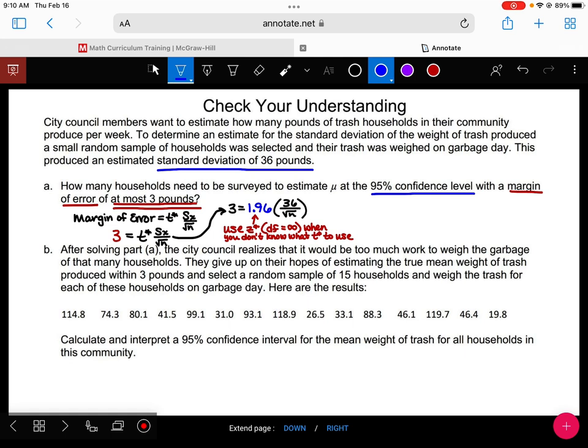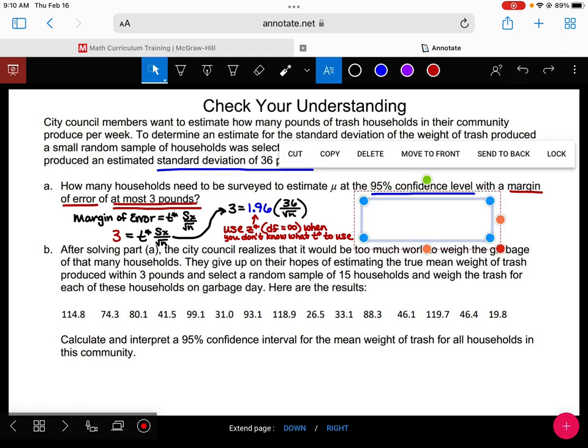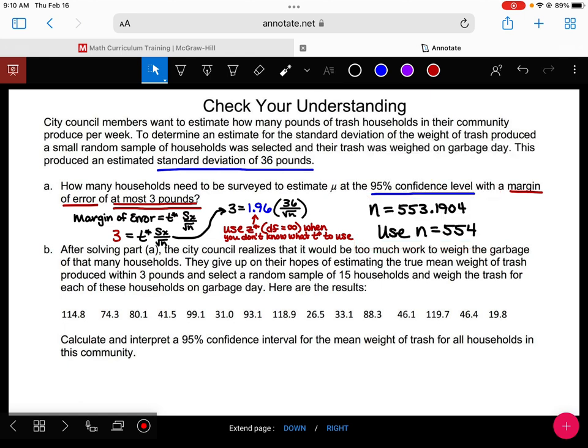Anybody have a ballpark for this one? Was it exactly 553? 0.19 something something something. So whenever we have a decimal, we're always going to round up. So 553.1904, we're going to round that up, use 554.